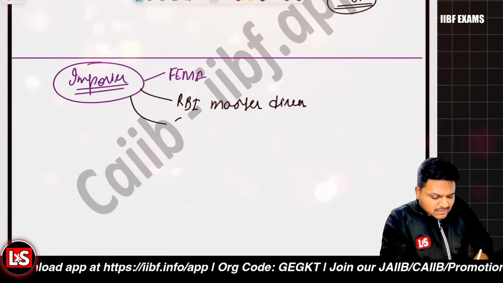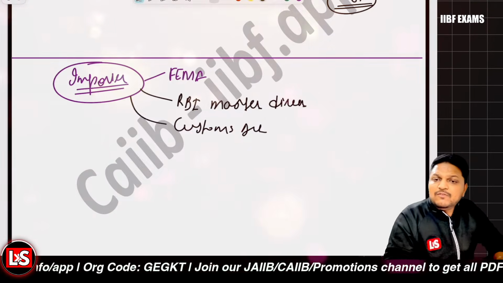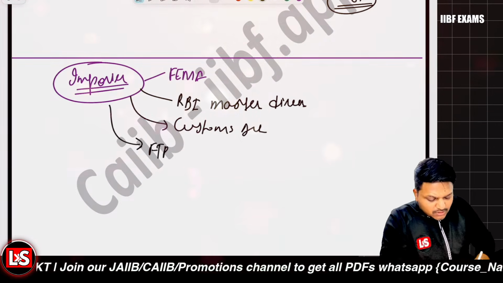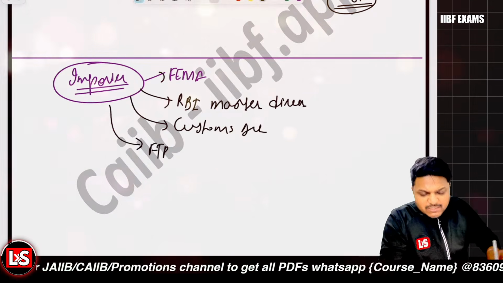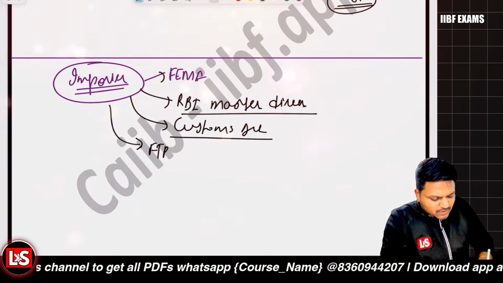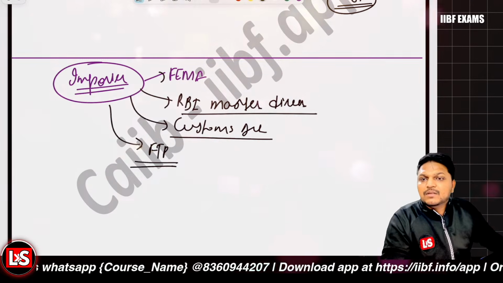The Customs Act is available, and the DGFT Foreign Trade Policy, that is FTP. So the regulations on importers are based upon FEMA, the Reserve Bank of India guidelines, the Customs Act, and the Foreign Trade Policy by the DGFT, right?